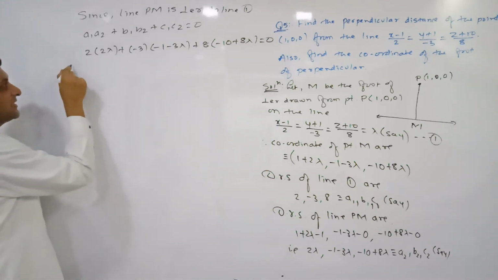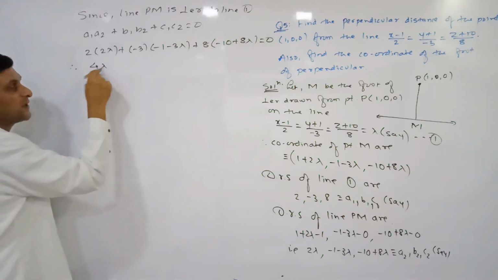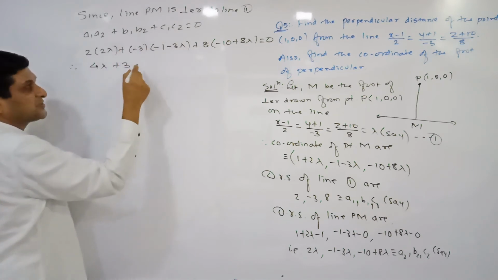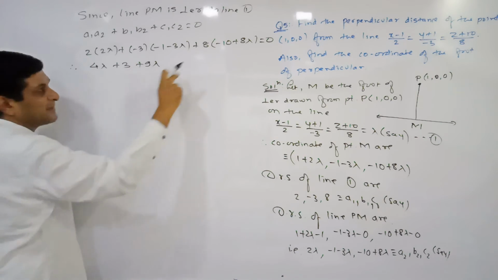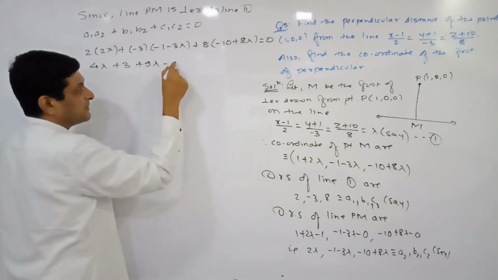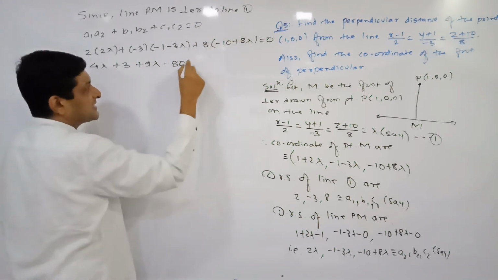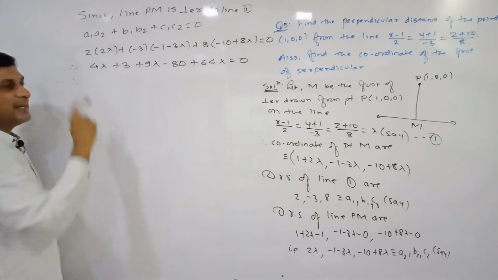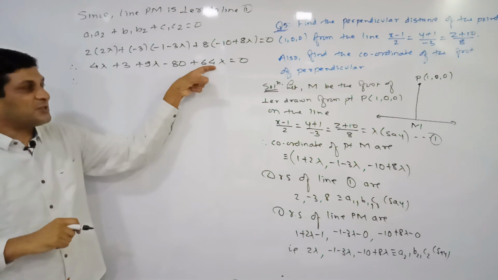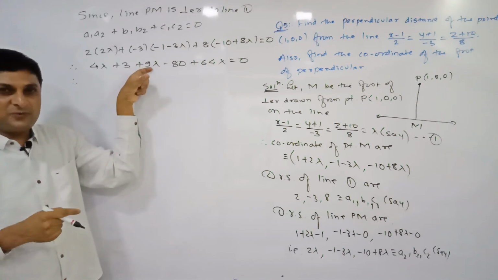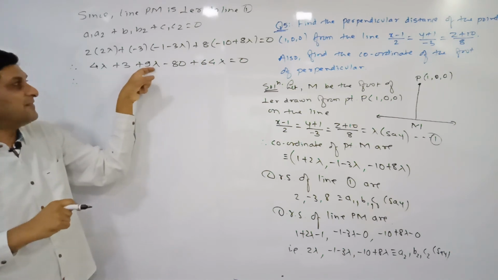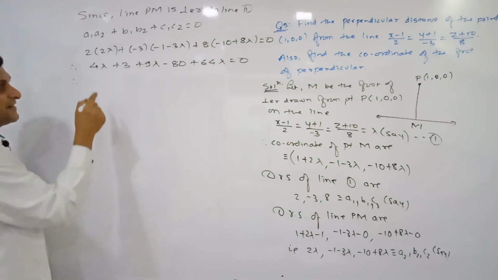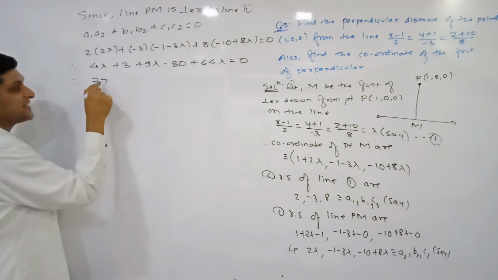Now simplify it. So therefore 2 2s are 4, 4 lambda, minus 3 into minus 1 is plus 3, minus 3 into minus 3 lambda is plus 9 lambda, 8 into minus 10 is minus 80, and 8 8s are 64, means here we'll get 64 lambda is equal to 0. Now collect the terms of lambda here. 64 plus 9 is 73, 73 plus 4 is 77, so 77 lambda.